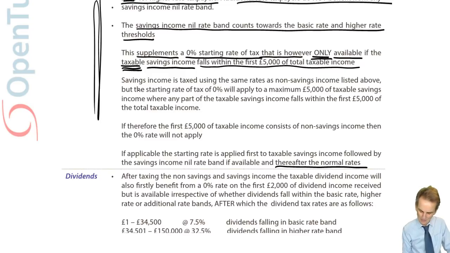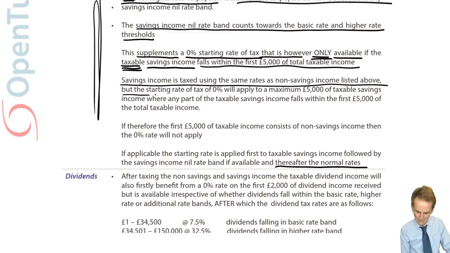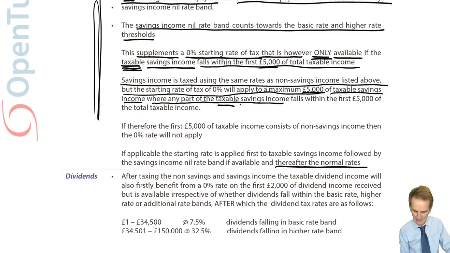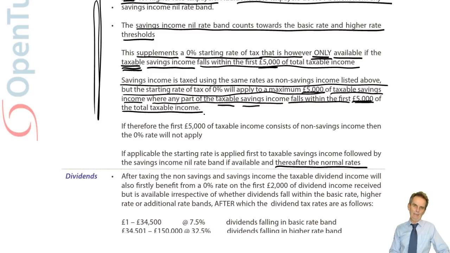Now, as we said a moment ago, savings income is taxed using the same rates as non-savings income listed above, but the starting rate of tax of 0% will apply to a maximum of £5,000 of taxable savings income, where any part of the taxable savings income falls within the first £5,000 of the total taxable income.